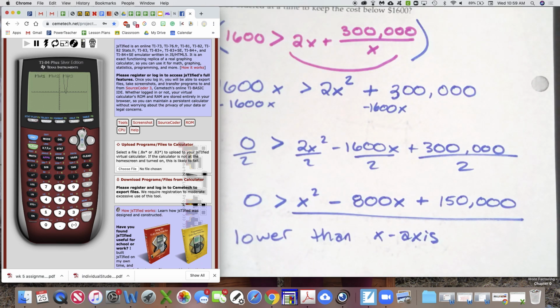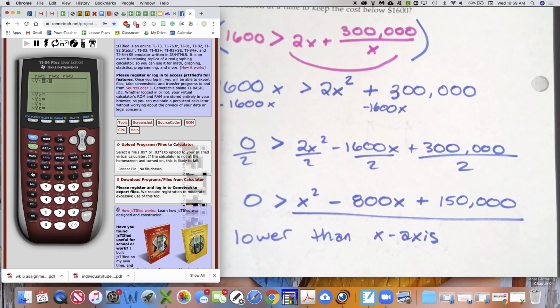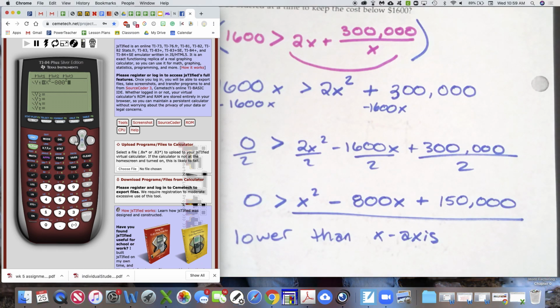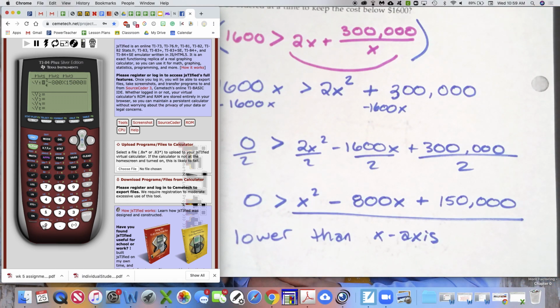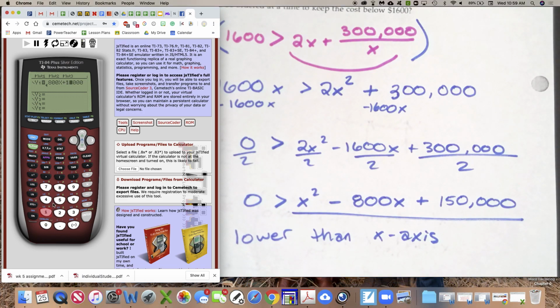No graph. Oh well, you have to zoom out. x squared minus 800x plus 150,000. Oh, it didn't do the plus.